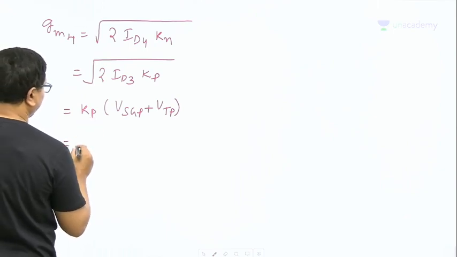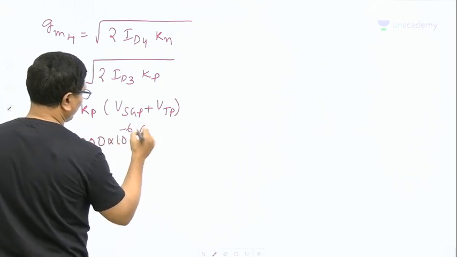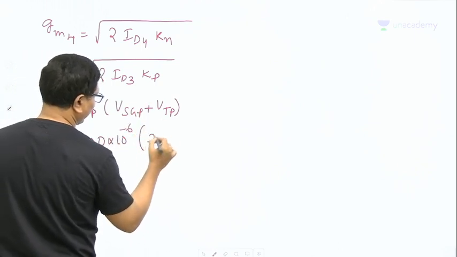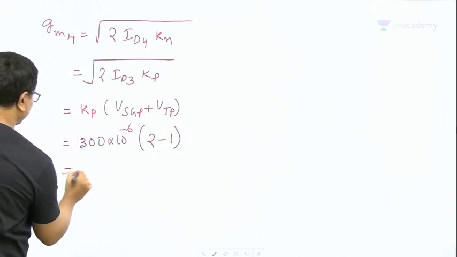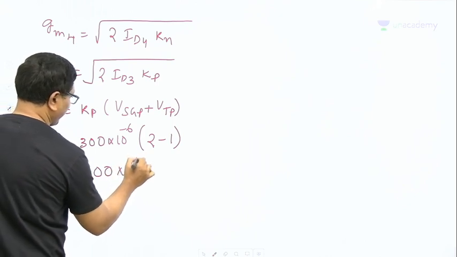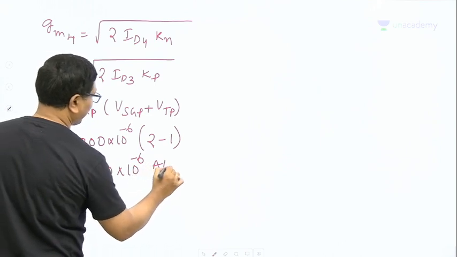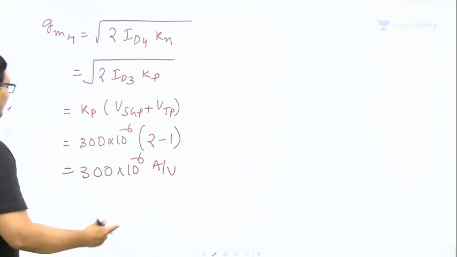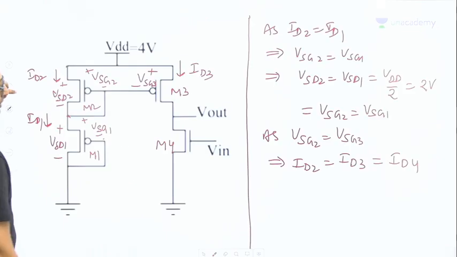So here, what is the value of Kp? It is 300 into 10 power minus 6 ampere per volt, into VSGP. We have seen its value is 2, and the threshold voltage of PMOS is 1. You can just see the previous things.